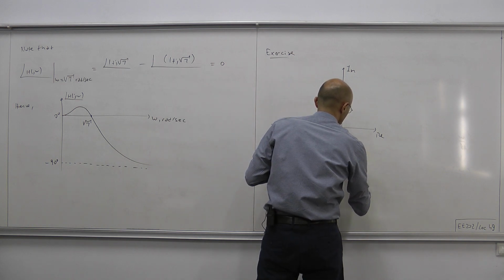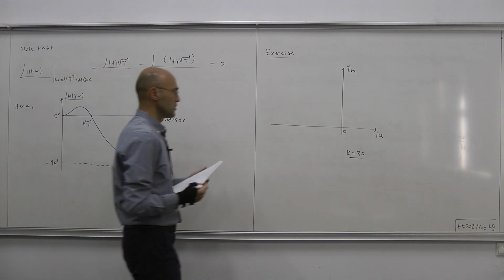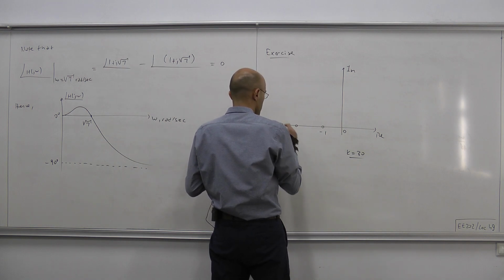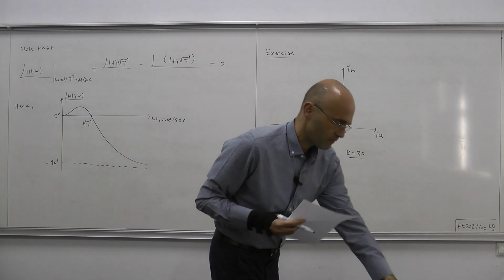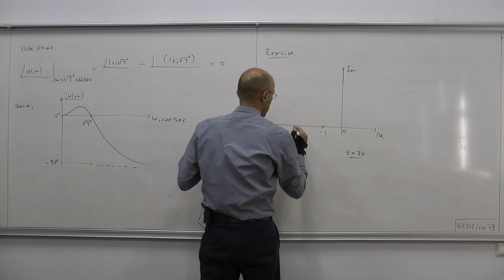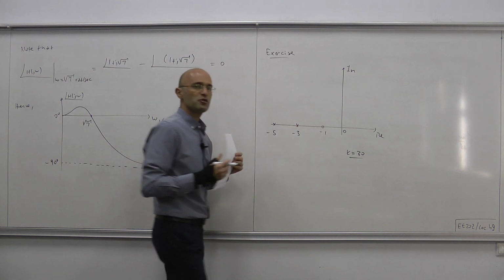K is 30, that was our gain. We had a zero and two poles. The zero was at -1, and our poles were at -3 and -5.